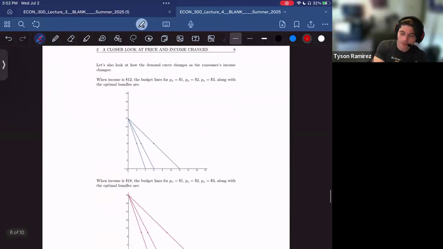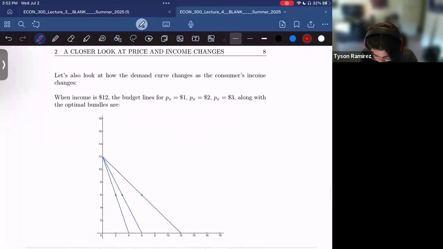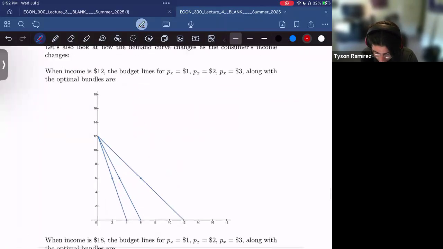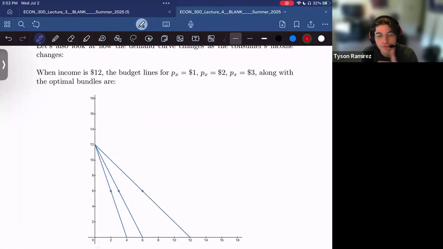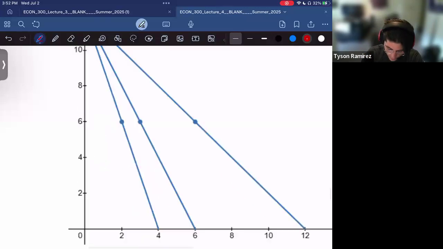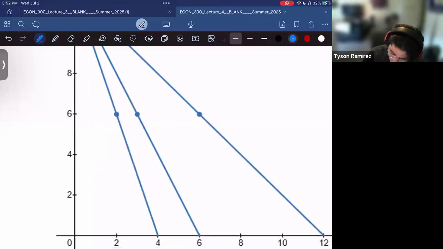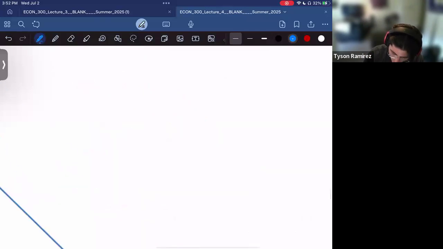Next, let's once again see how demand changes as the consumer's income changes. All right. So in this first picture, I have what we saw earlier in this lecture. I have income equal to 12, and I plotted the different cases for when the price of good X is equal to $1, $2, or $3. And just as we saw earlier, we had bundles.